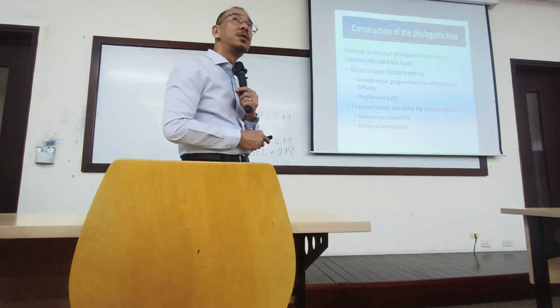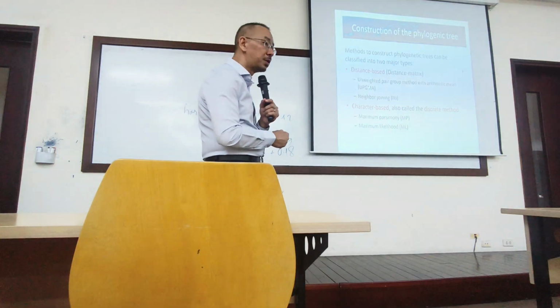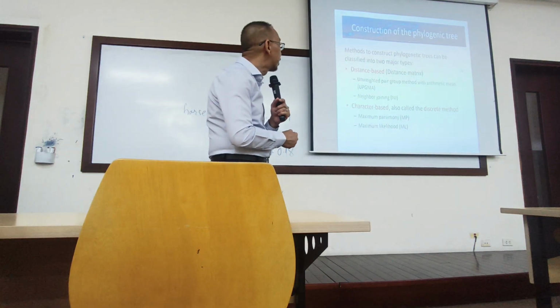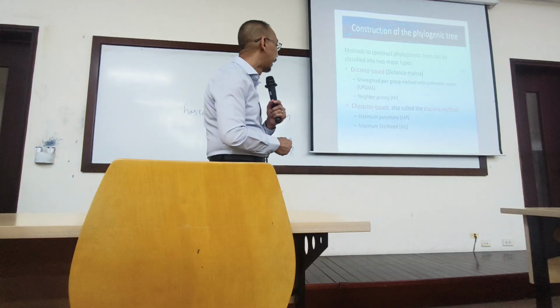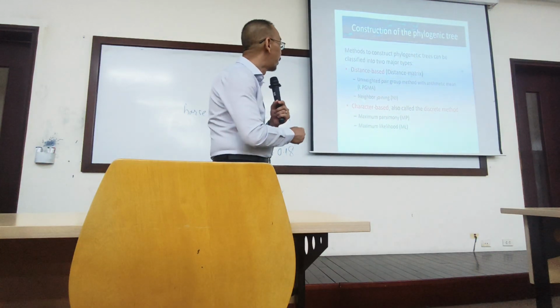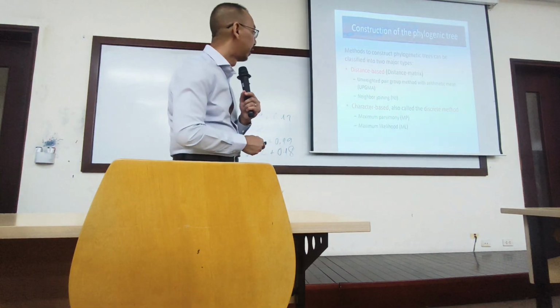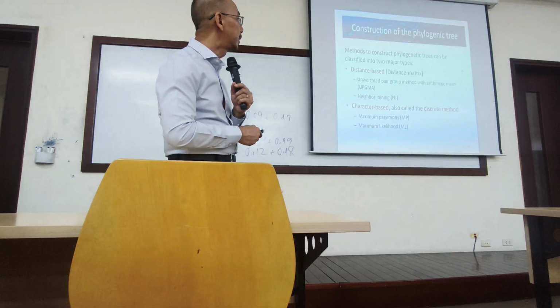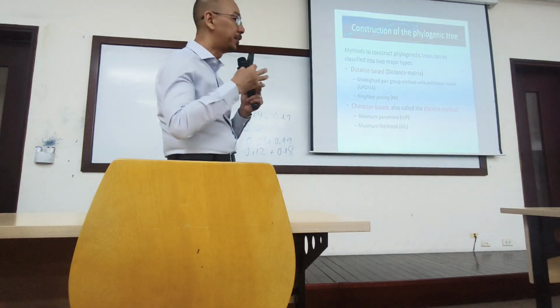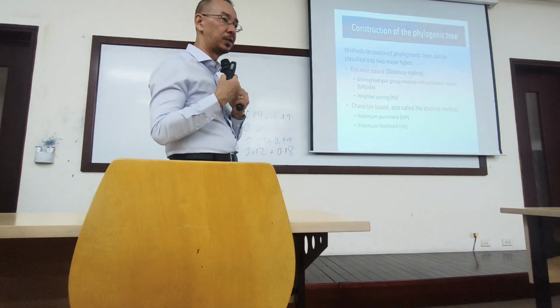For the methods to construct the trees, we have two methods: distance-based and character-based. So what is the difference between distance-based and character-based? Distance-based means we calculate the distance between two sequences.